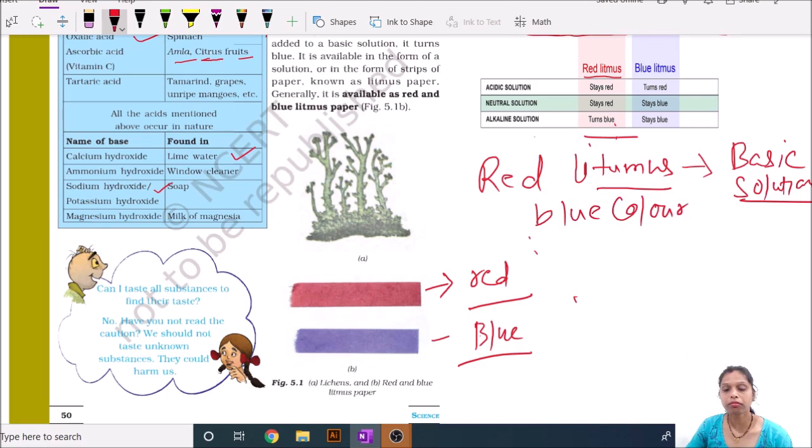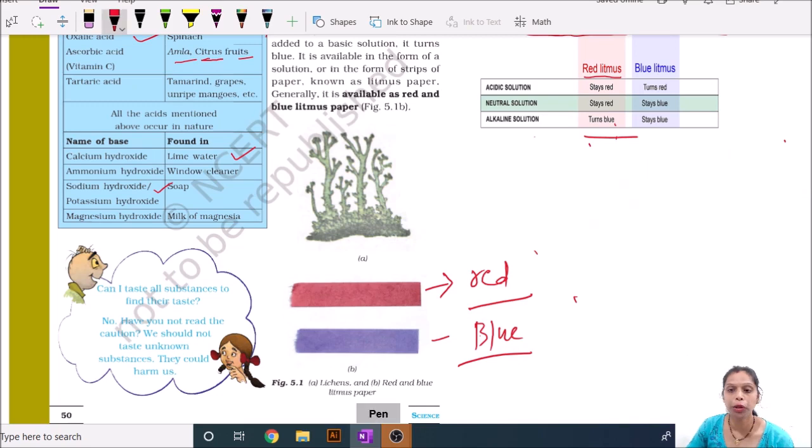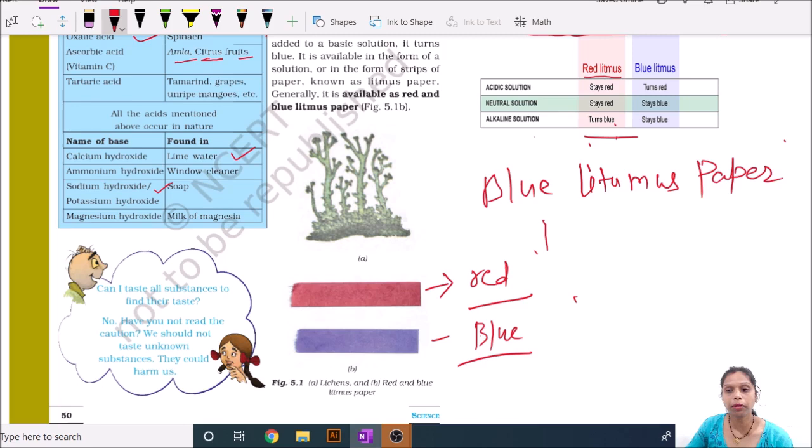And when blue litmus paper is put into an acidic solution, its color is changed and it is converted into red.